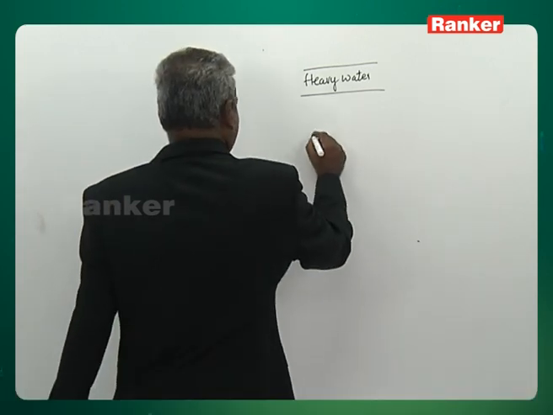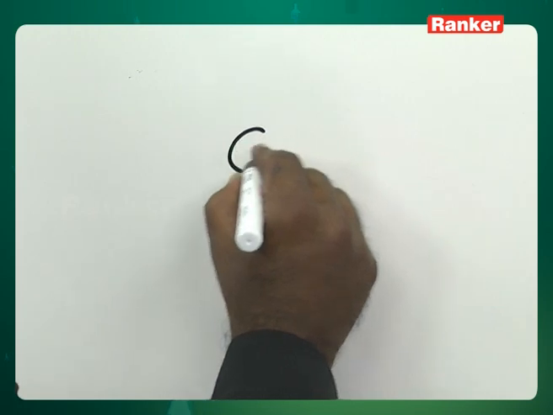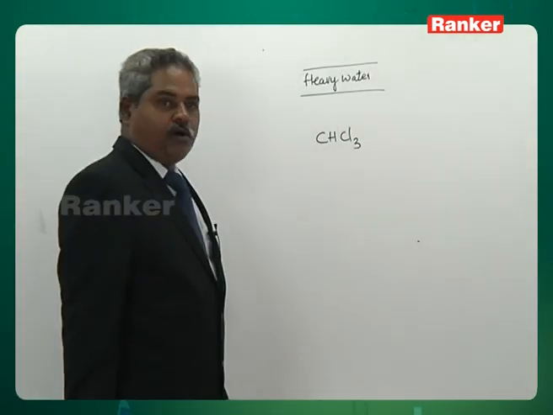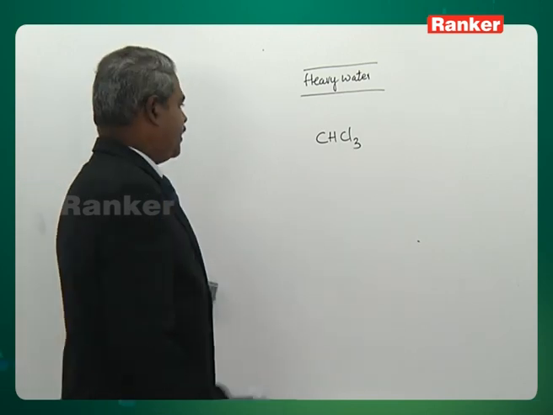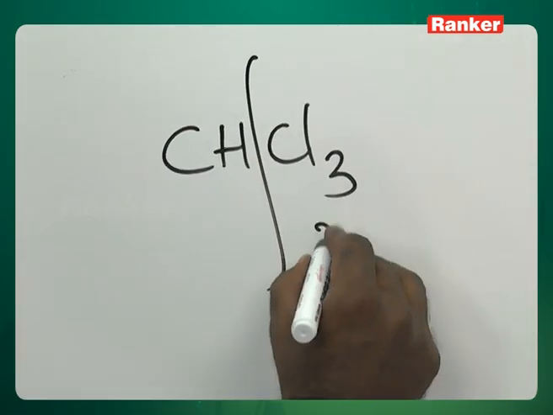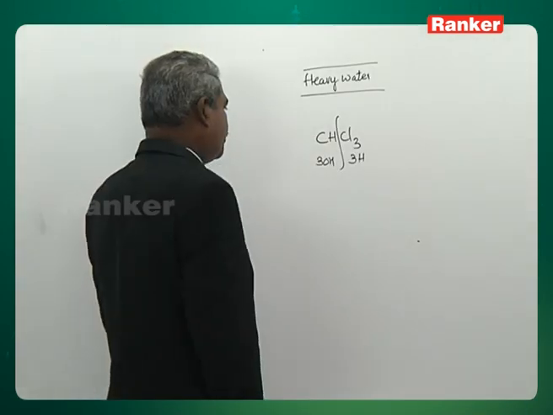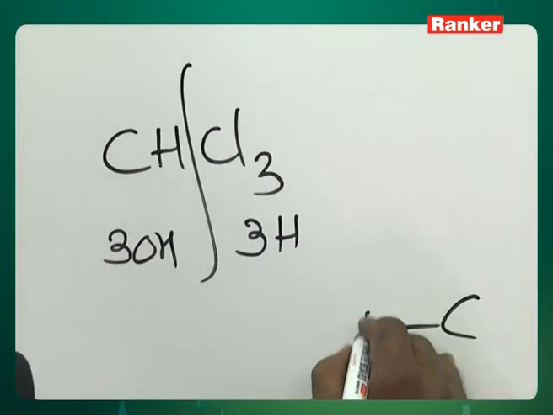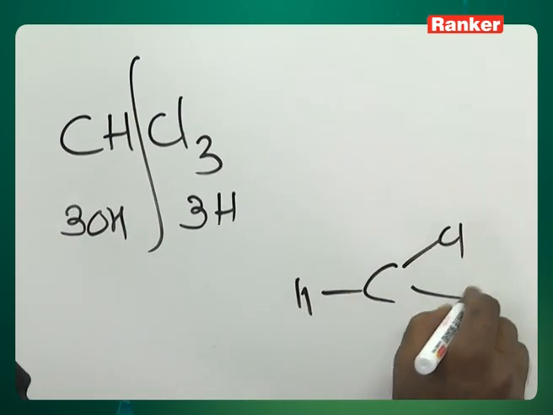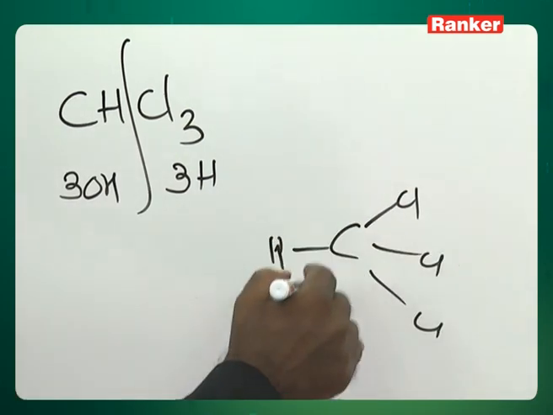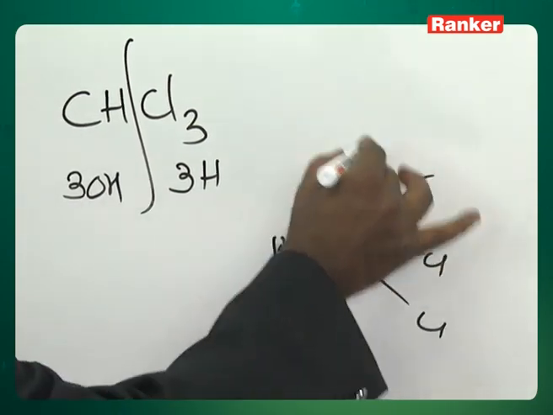Out of interest, let us hydrolyze CHCl3. What do you mean by hydrolysis? Break the bond. 3H, 3OH. Why am I breaking 3 bonds only? The C-H bond cannot be broken, remember, because there is not much of a polarity. Plus minus, there should be some polarity. Chlorine minus, carbon plus. So break the bond.